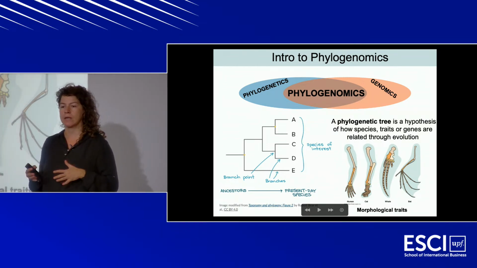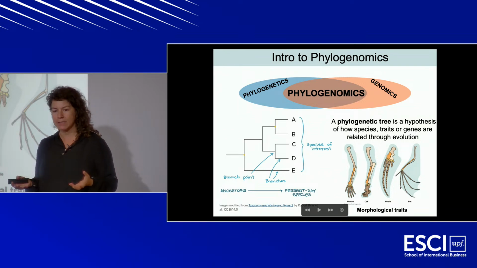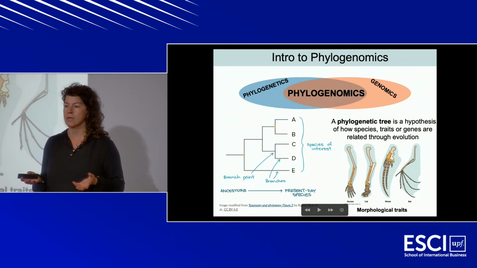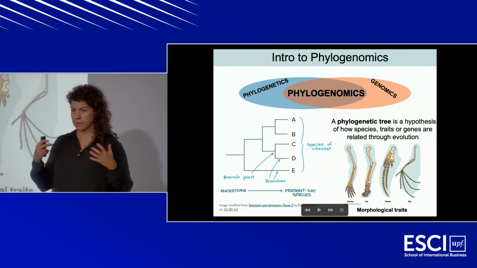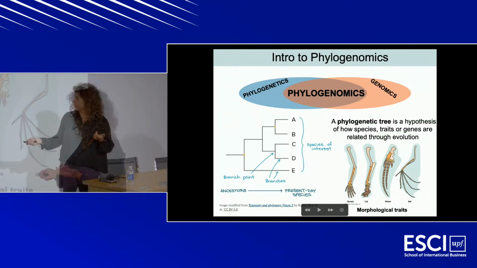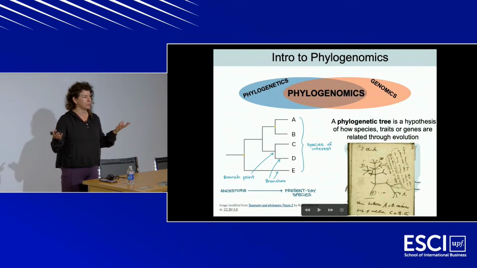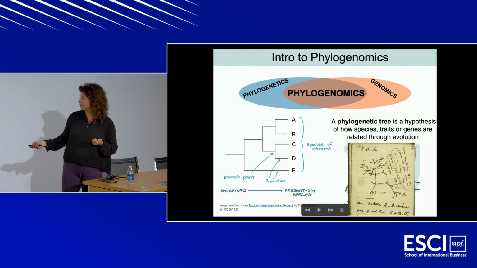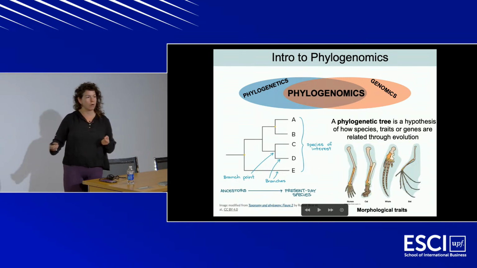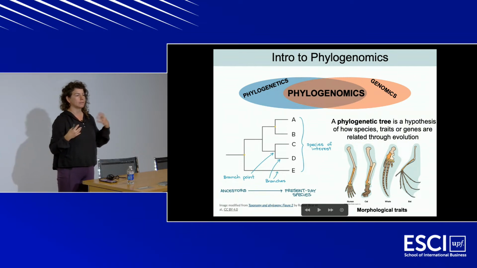Phylogenetics started a long time ago. There have been many scientists working on that because, as you know, there are many drawings from the 18th and 19th century representing phylogenetic trees. So it is a notion of evolutionary relatedness that started early on in the scientific community.